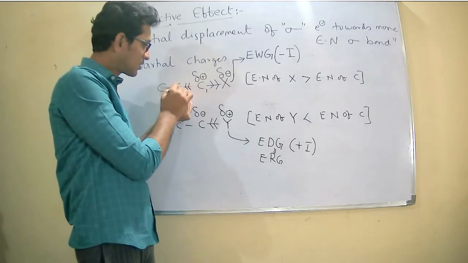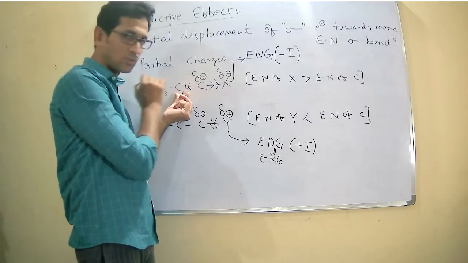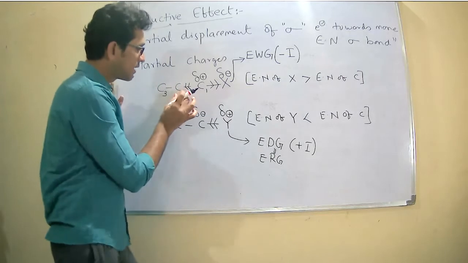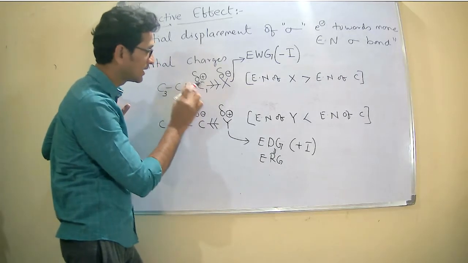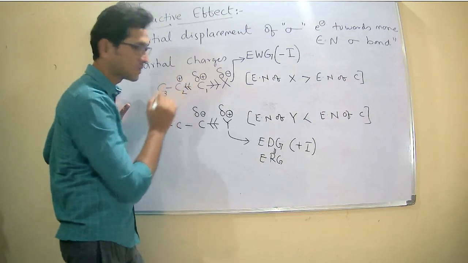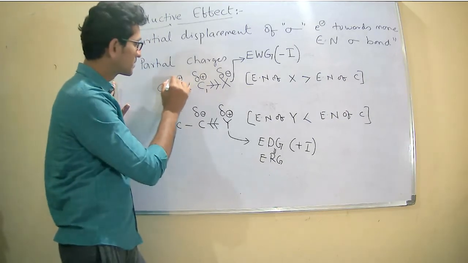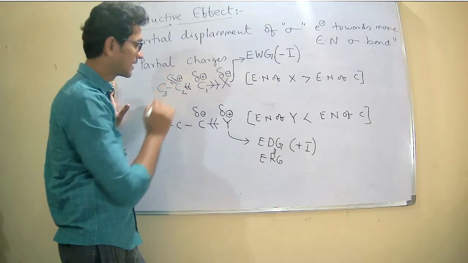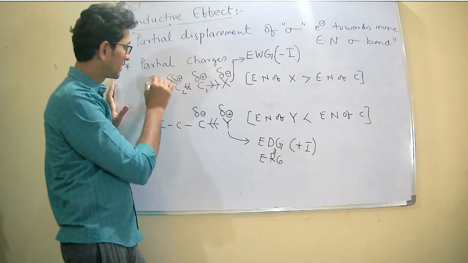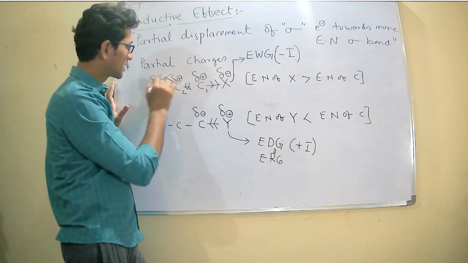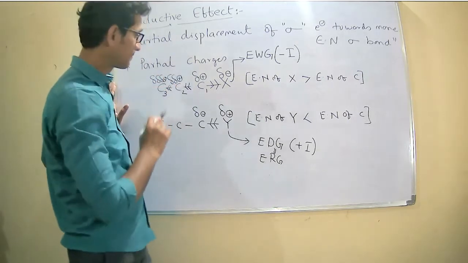When carbon 2 loses electrons to carbon 1, it becomes electropositive. Similarly it moves on, and the positive charge develops on the carbon.